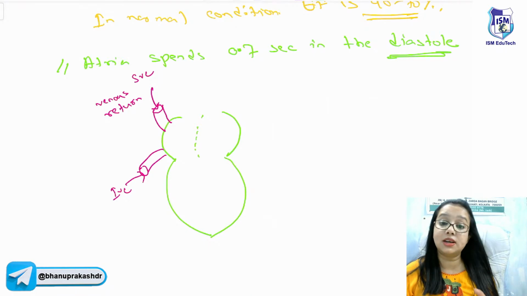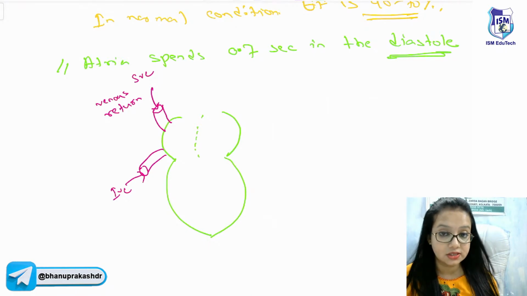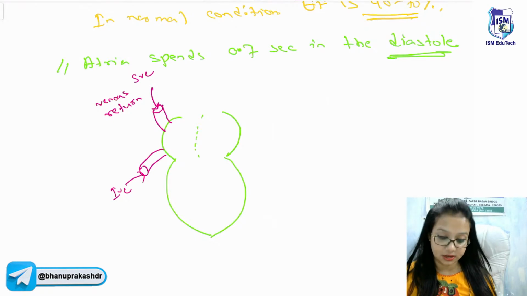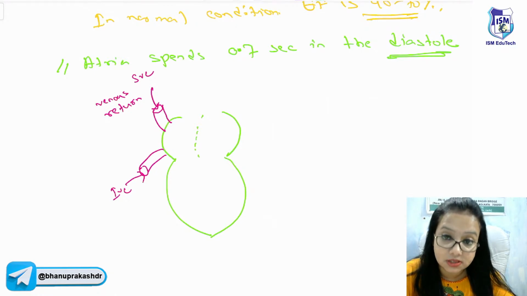So, via the veins, the atria is receiving blood. When it is receiving blood from the systemic circulation, it is called venous return.